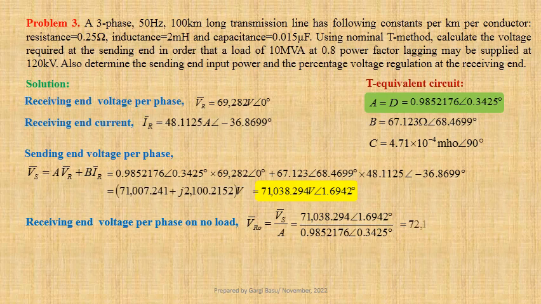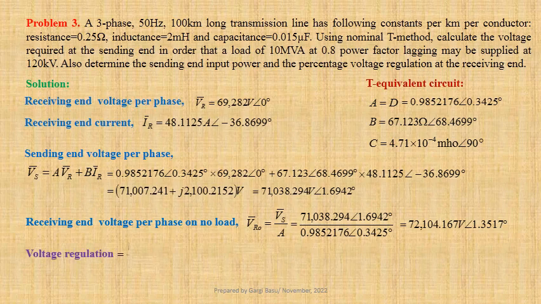That gives us 72,104.167 volt at an angle 1.3517 degree. Let us now determine voltage regulation, that is equal to VRO minus VR divided by VR.